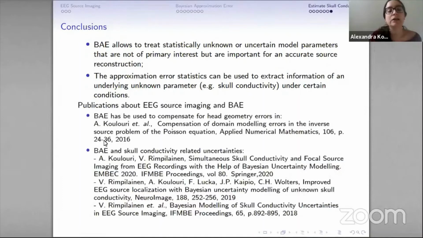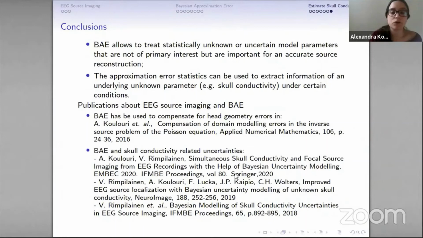And I would like to say also that the publications that are related to EEG source imaging and Bayesian approximation, I have summarized here. They're related to what we have done. Up to now, we did one work related to the head geometry uncertainties a long time ago. And now we have focused on the skull conductivity related uncertainties.